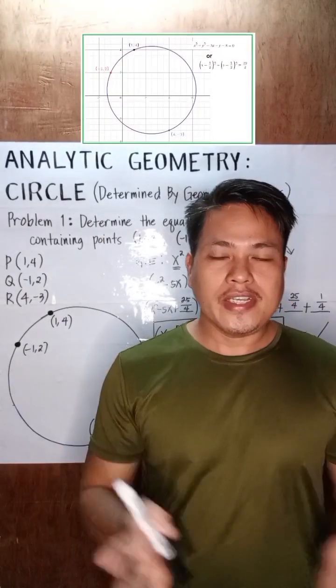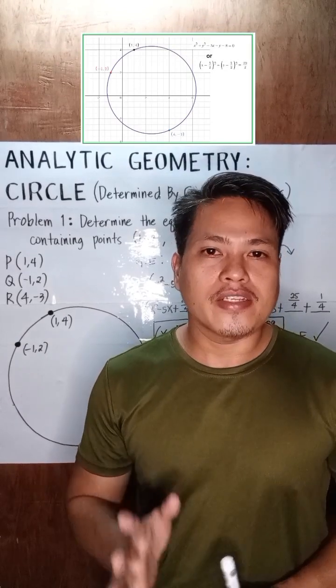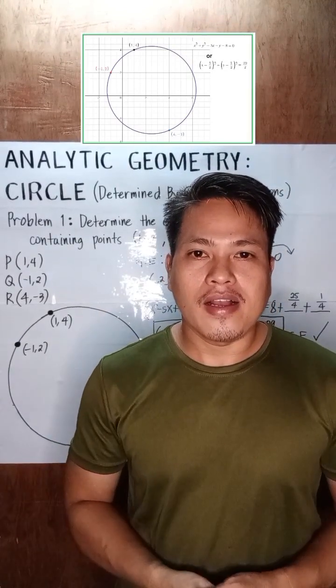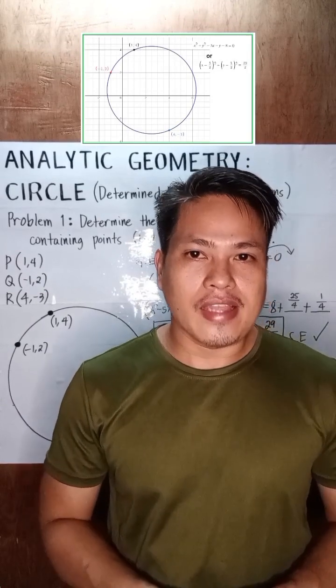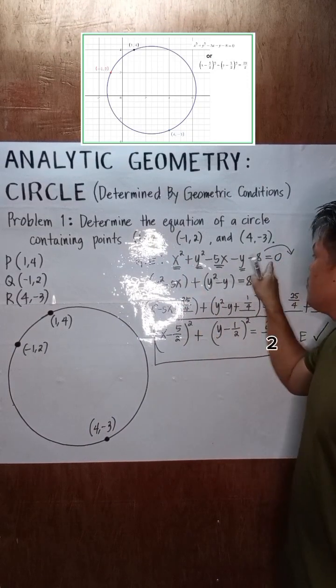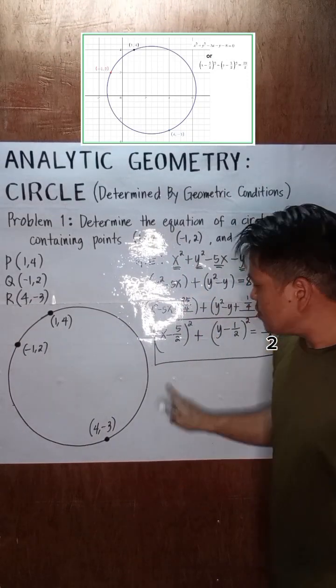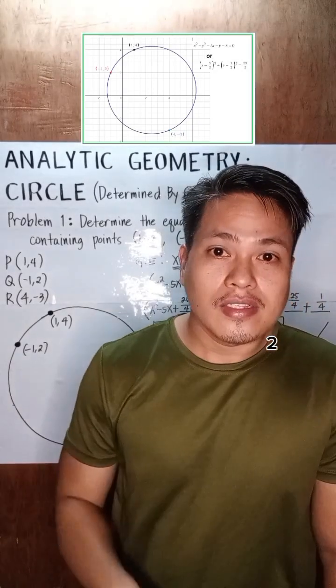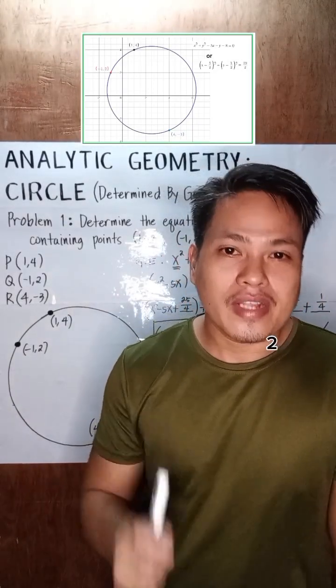Now, i-double check natin kung correct siya sa pamamagitan ng graph. Gamit lang tayo ng mga graphing calculator natin. Then, i-input natin itong general equation. I-input natin itong standard equation. At kung parehas na parehas sila ng pagka-circle, then correct tayo.